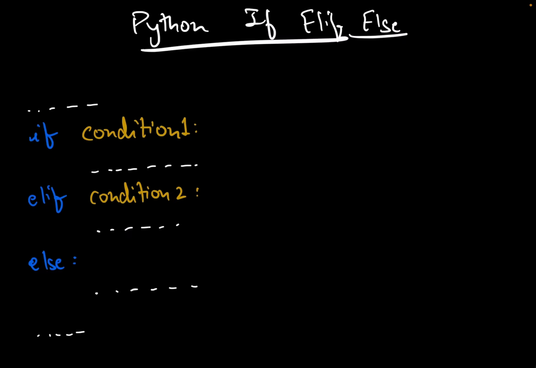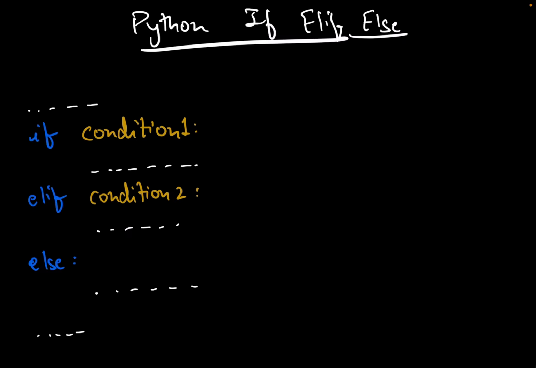Else if condition 2 is a true boolean, then the indented block written under elif will be executed, and after it is executed, we will move on to the last line here, which is the rest of the code, the unindented code.